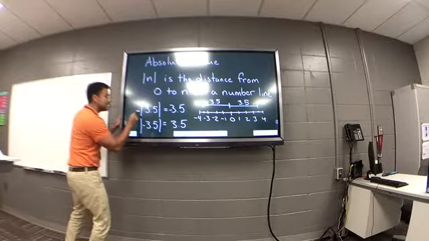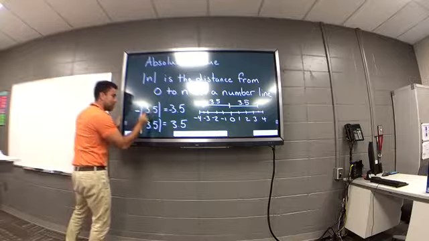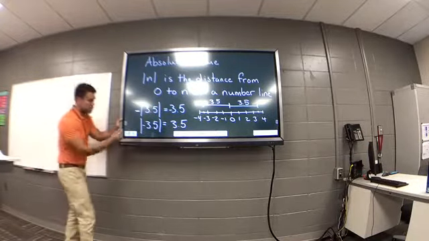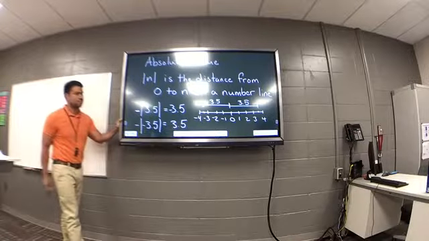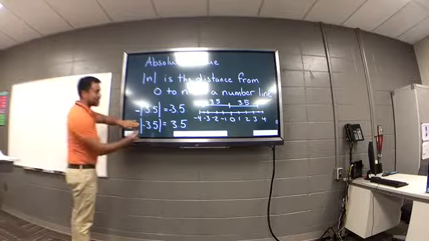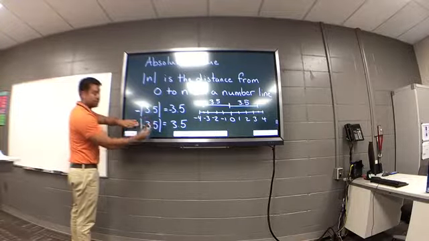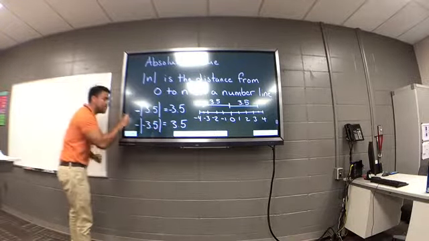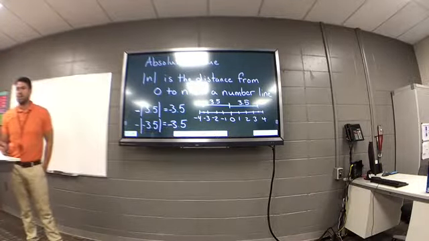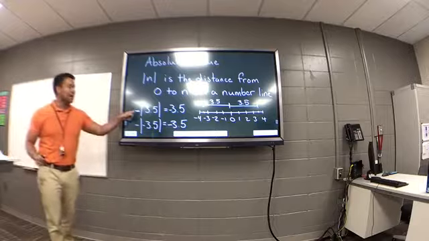The opposite of the absolute value of 3.5 is negative 3.5, right? What's that answer now? All right, so what's the absolute value of negative 3.5? 3.5. What's the opposite of that absolute value? It's negative 3.5. Yep.